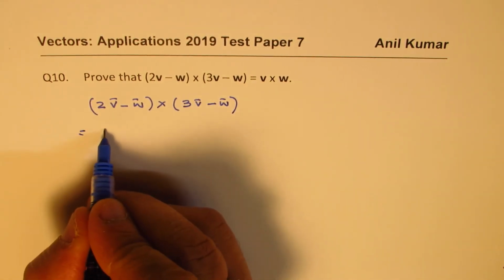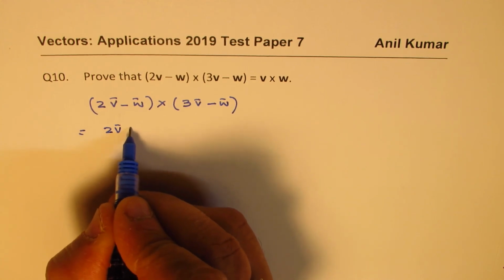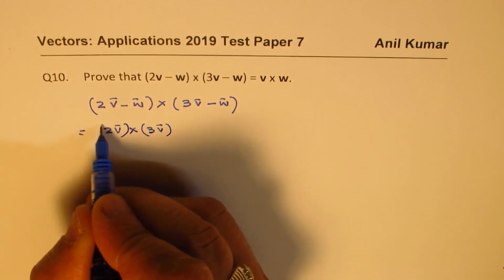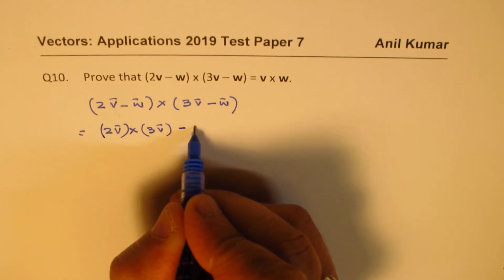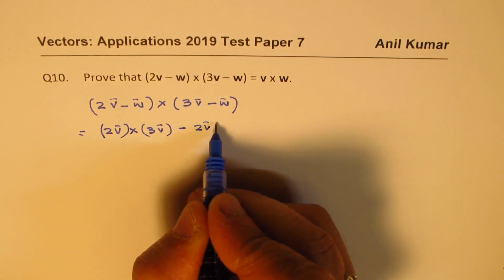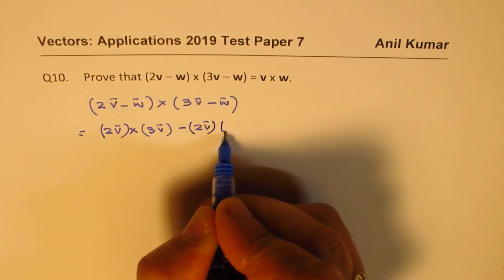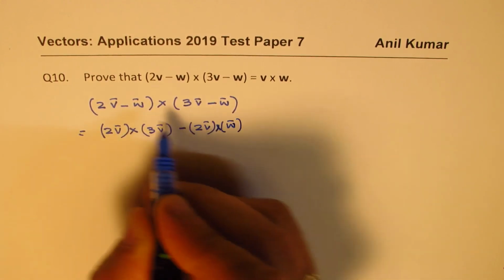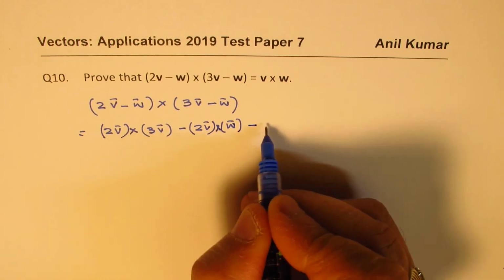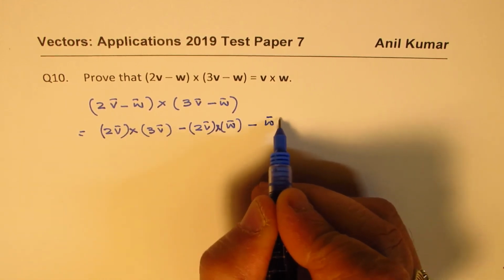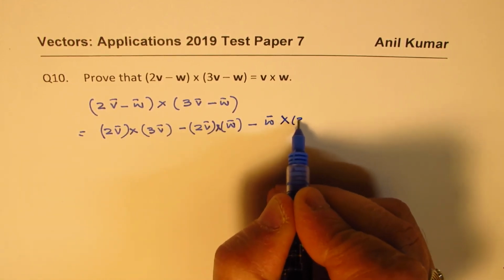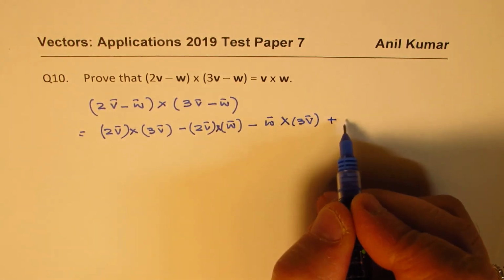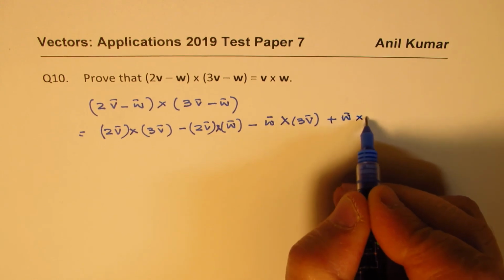So it'll give you 2V cross 3V, minus 2V cross W, and then with W we get minus W cross 3V, and that becomes plus W cross W.